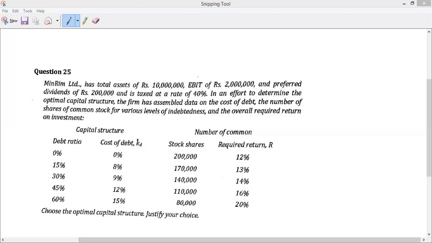Yes, we did that yesterday. However, the value of equity can be calculated. How? If you have net income and cost of equity, you can calculate the value of equity, isn't it? Yes, we just have to divide it. Exactly. Just calculate the value of equity from there, and that should be equal to your value of the firm also, because you don't have any debt currently.